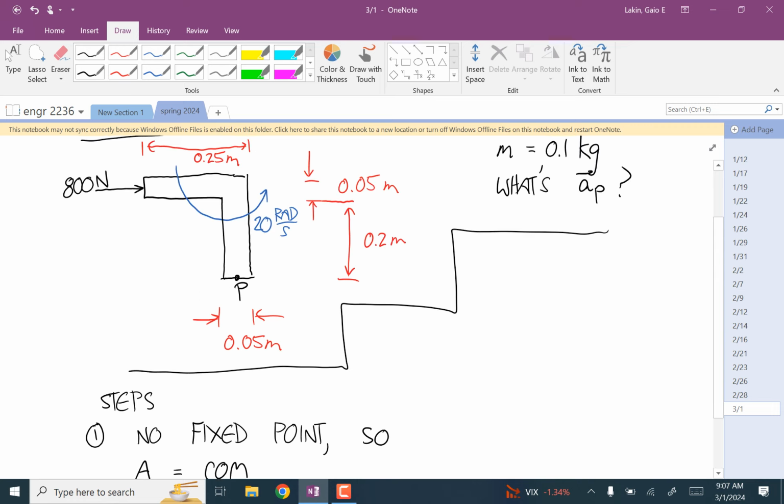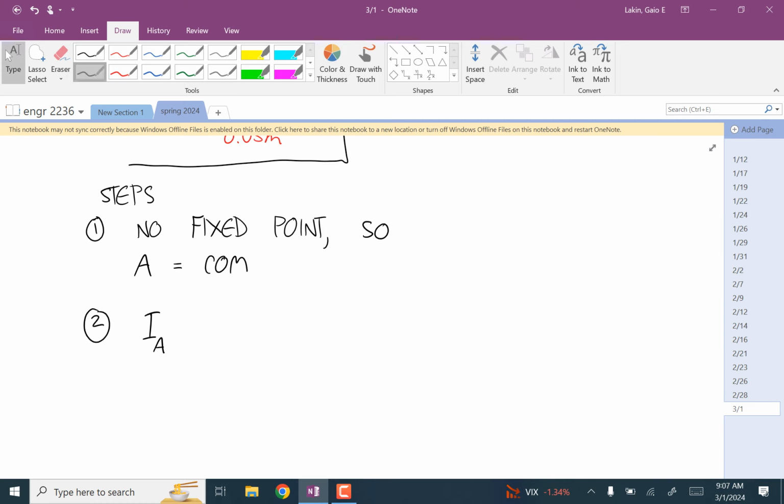So we know that in a coordinate system like this, first of all, the mass moment of inertia was 1.09 times 10 to the minus third kilogram meters squared.